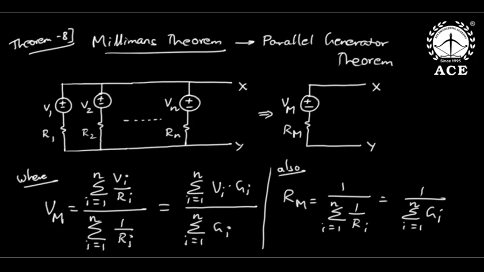But Millman's can convert only such a parallel generator form into the Millman's equivalent. Remember that.